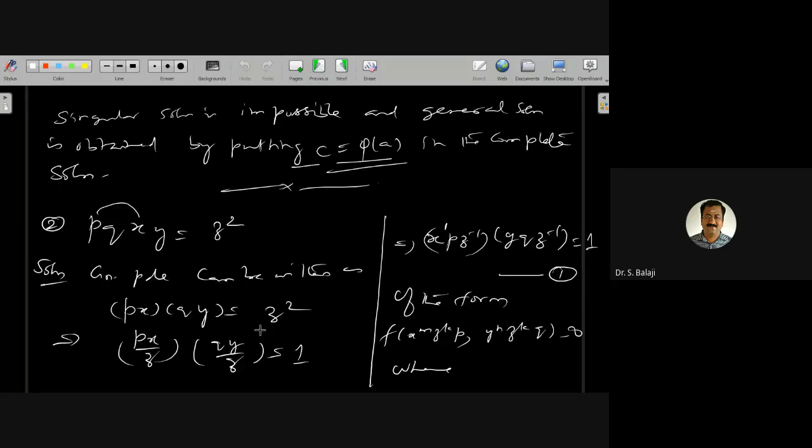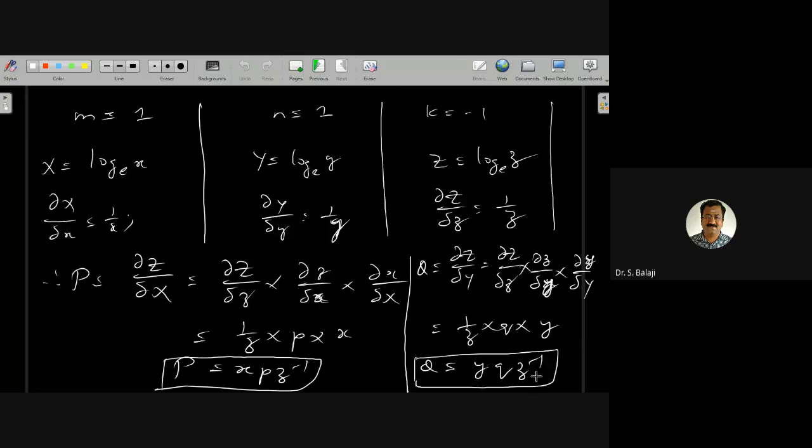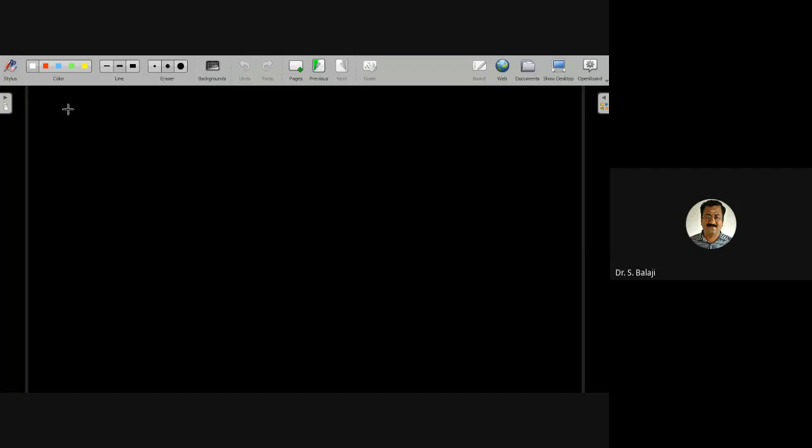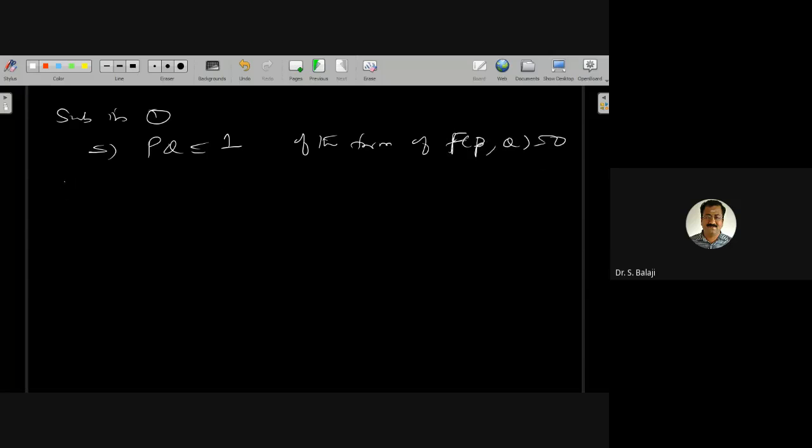Then you see that here x p z power minus 1, y q z power minus 1 is equal to 1. That's the equation. Therefore, substituting in equation number 1, what can you get here? It is of the form capital F of P Q equal to 0, type 1.